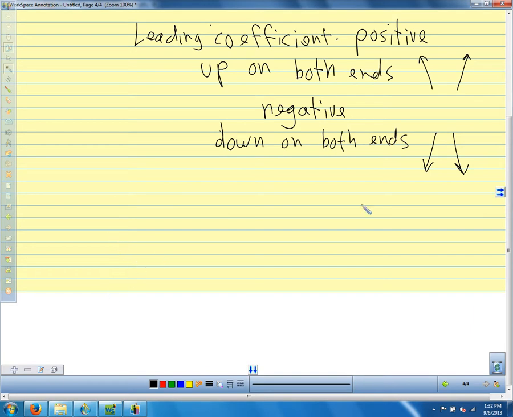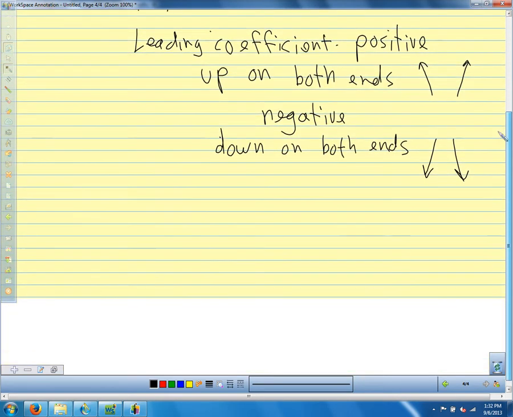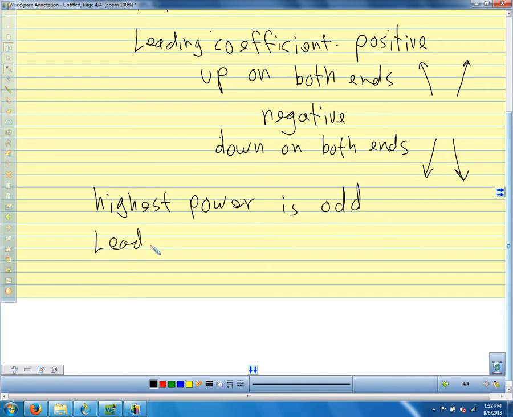If our highest power is, sorry, not negative, odd, and our leading coefficient is positive, then our function goes down on the left and up on the right.